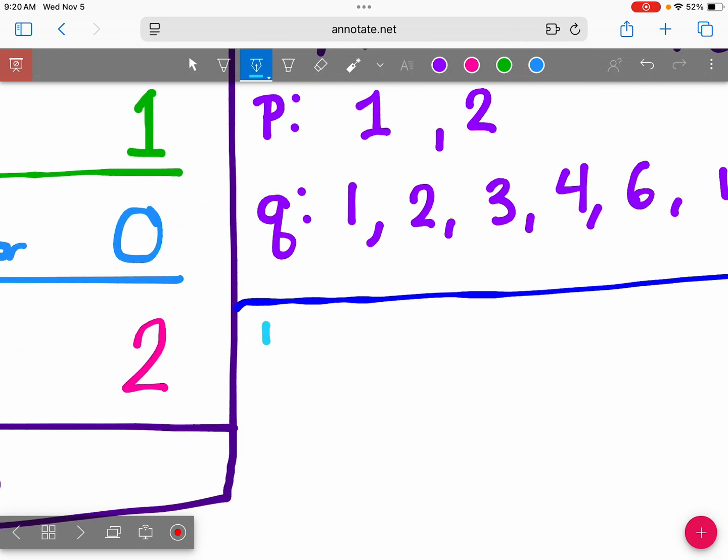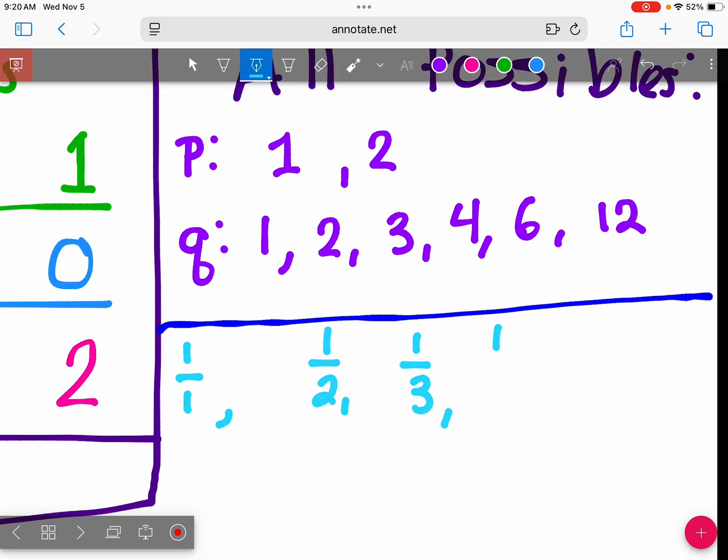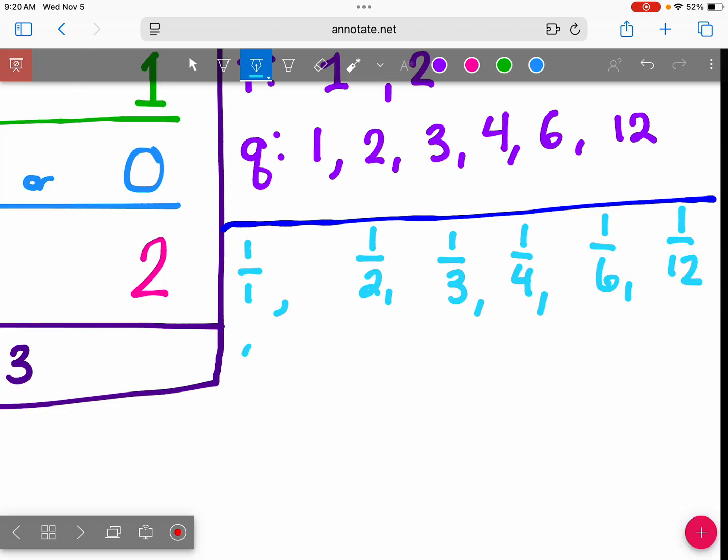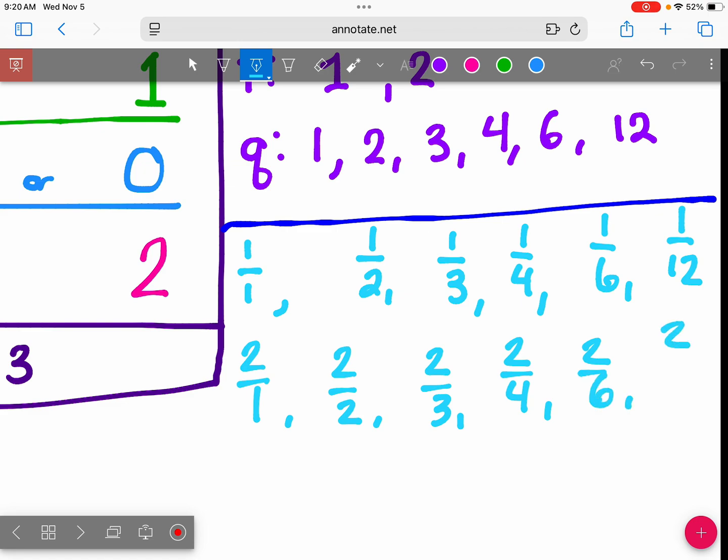So I'm going to do the full list, because we're going to have P over Q. I'm going to have 1 over 1, 1 over 2, 1 over 3, 1 over 4, 1 over 6, and 1 over 12. Then I do the same thing with my 2's. We're going to have 2 over 1, and 2 over 2, and 2 over 3, 2 over 4, 2 over 6, and 2 over 12.